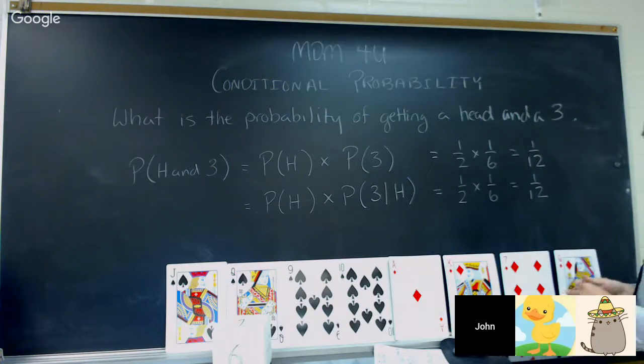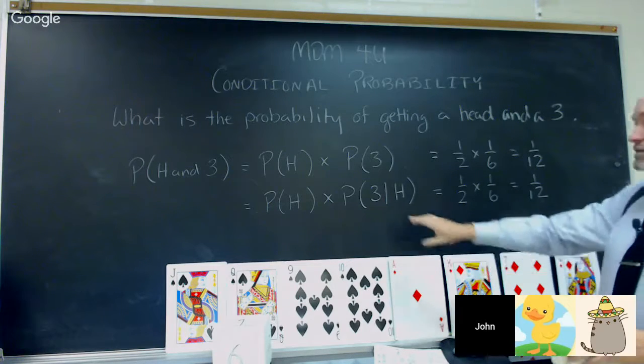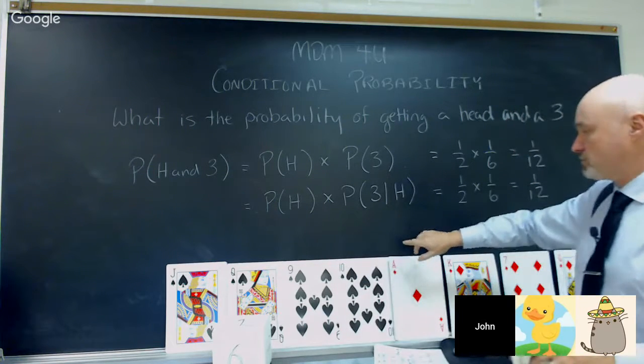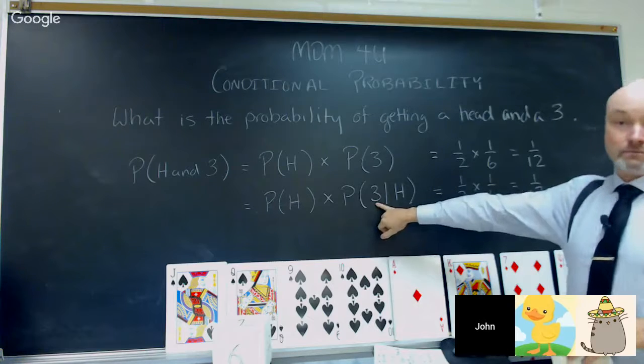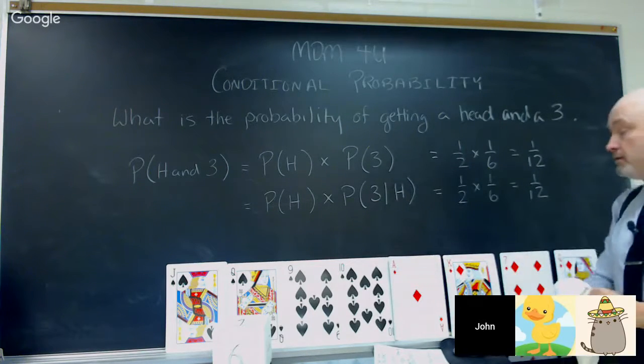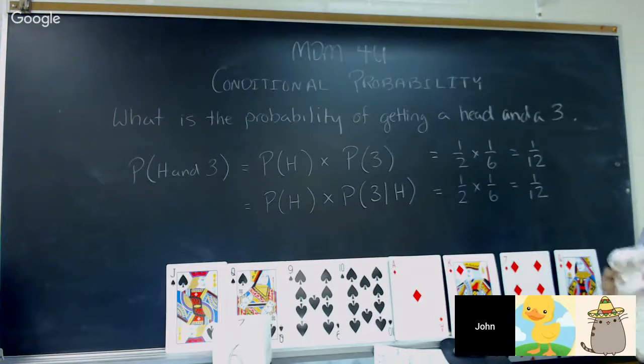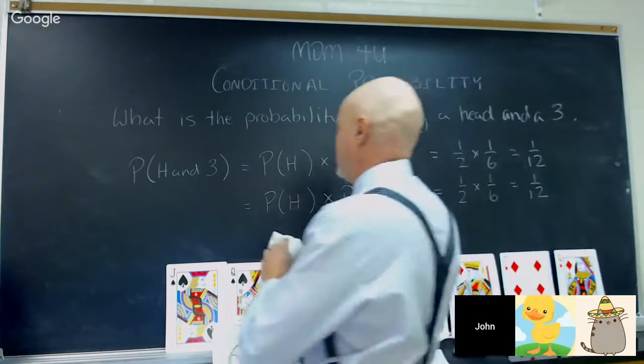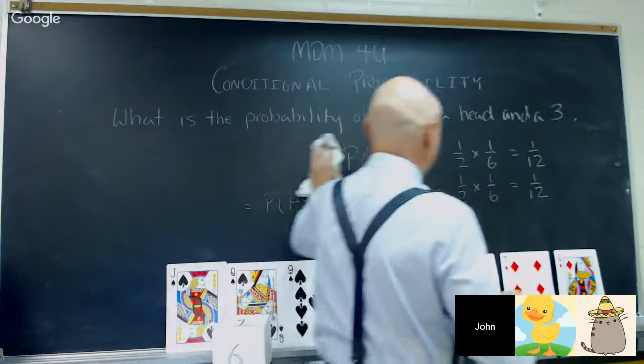Okay, and that's where the conditional part comes in. So that's just a nice introduction to the symbols that we're going to be looking at. This means the probability of throwing a 3, given that I've already tossed a head. And this is the independent case where the outcome of the first event doesn't influence the outcome of the second event.